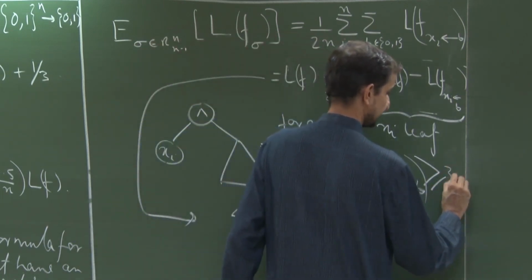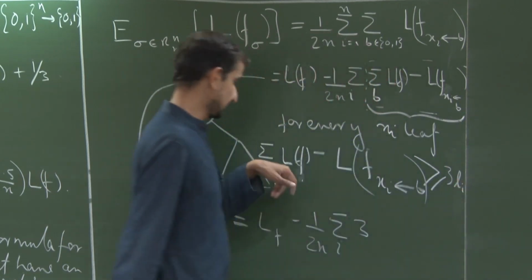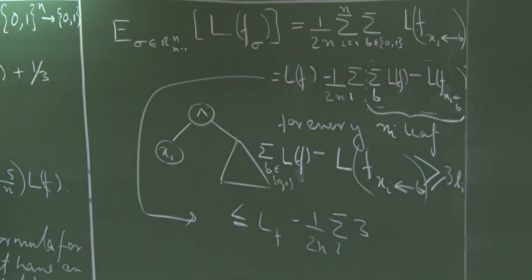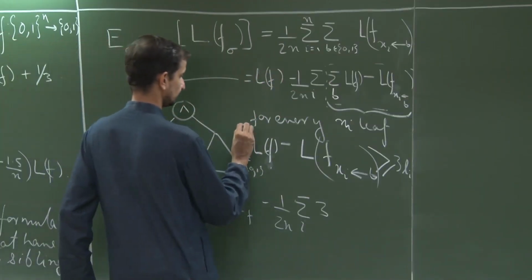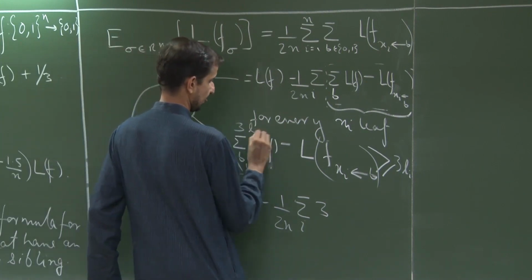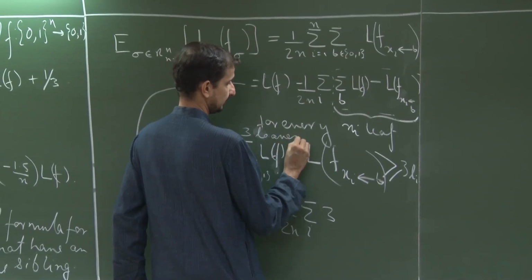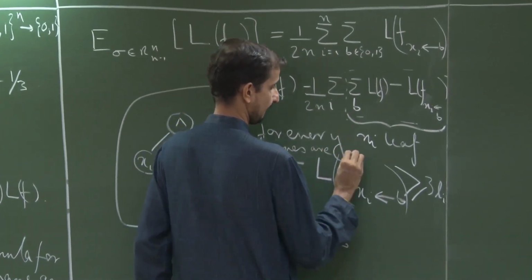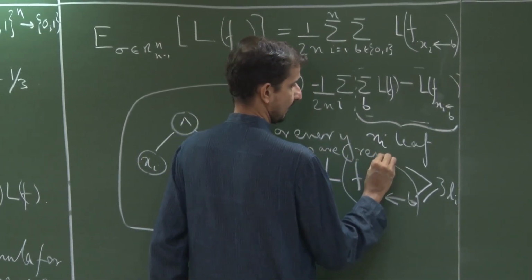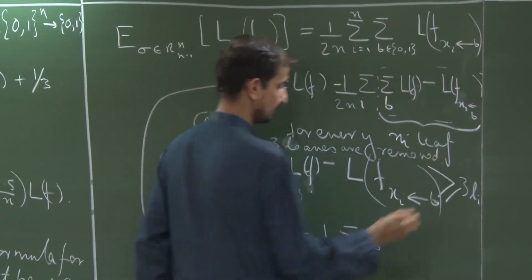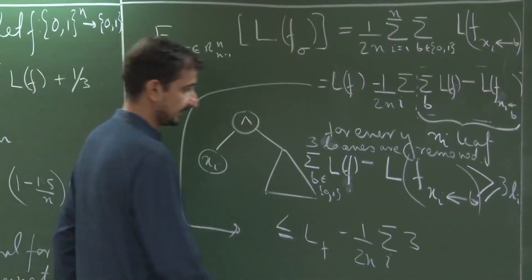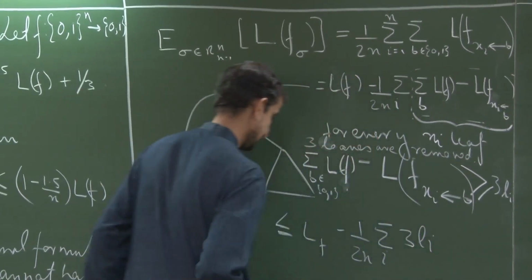So, this will be 3 times the number of times xi is present. So, I will have 3 times Li.